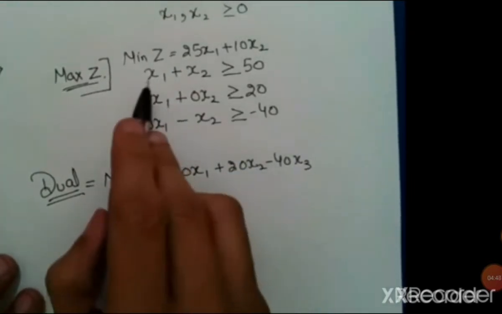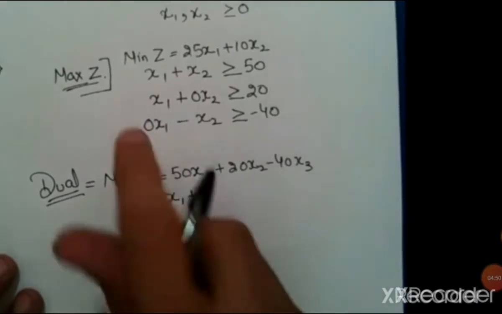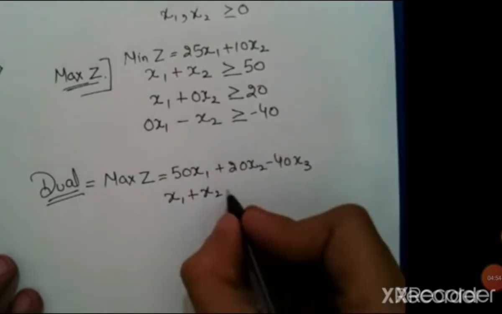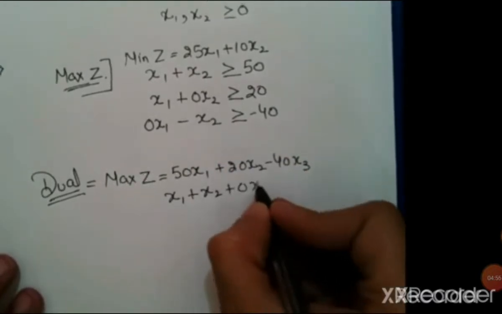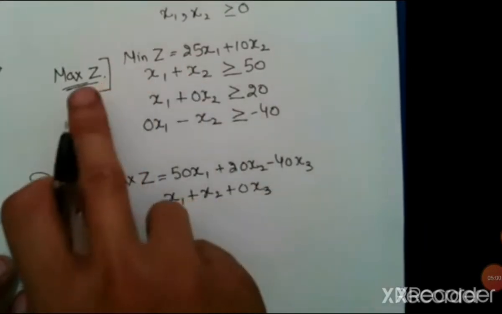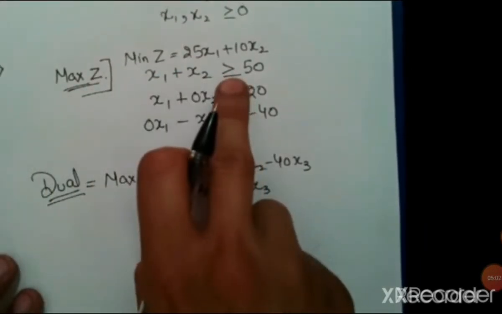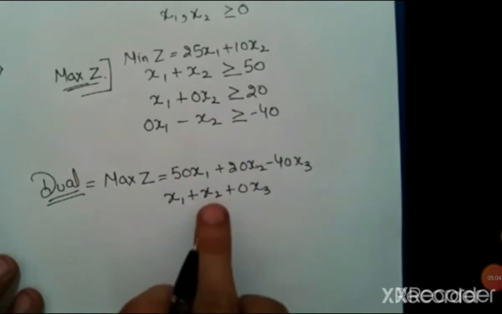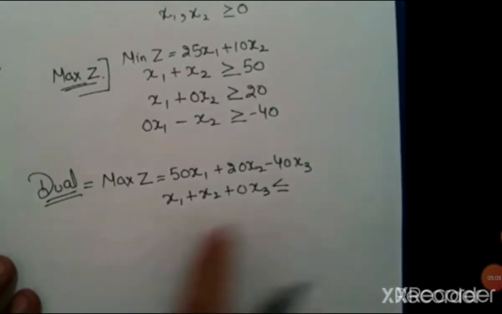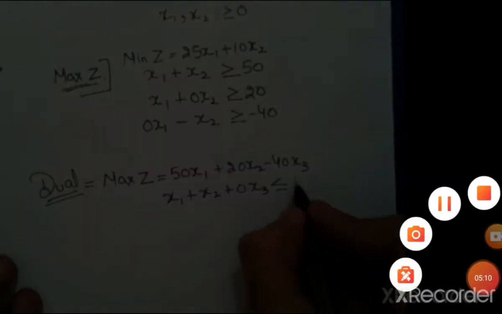Now this becomes the equation: x1 plus x2 plus 0x3. Similarly, the second column becomes a row. Here the sign is less than or equal to.